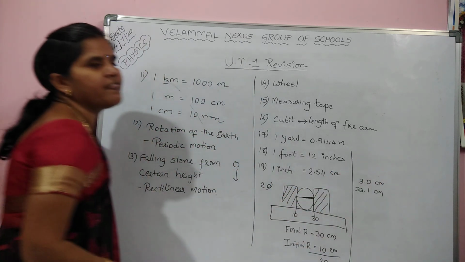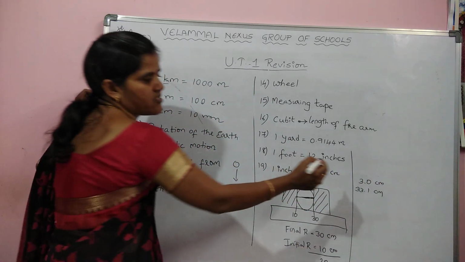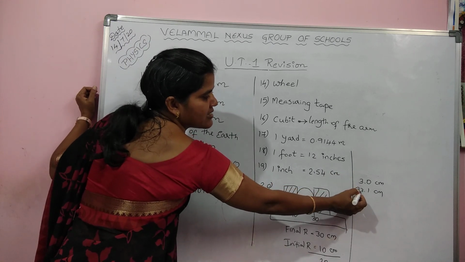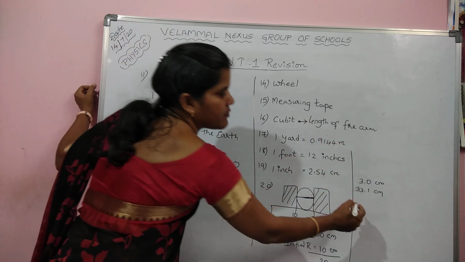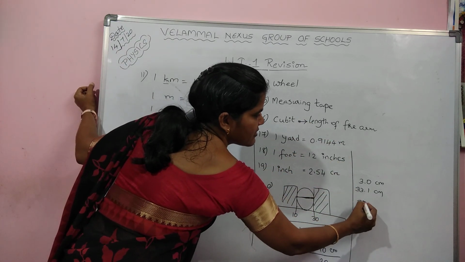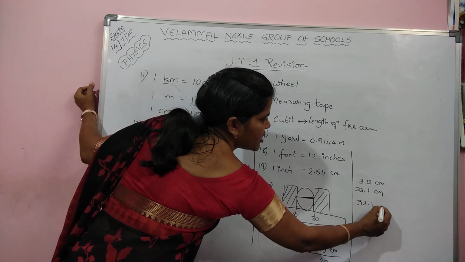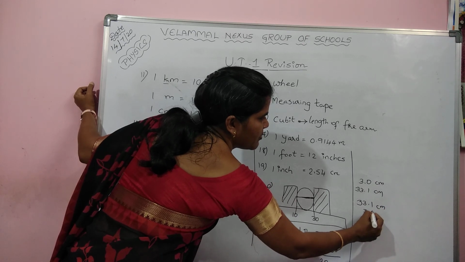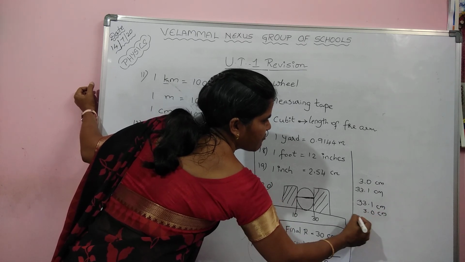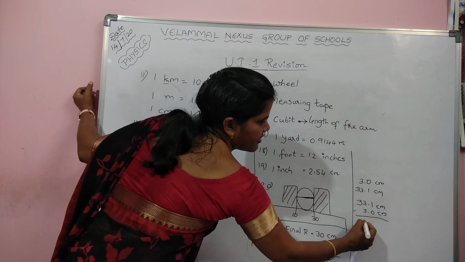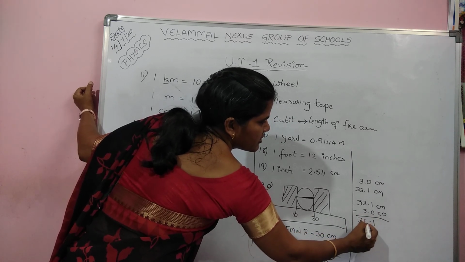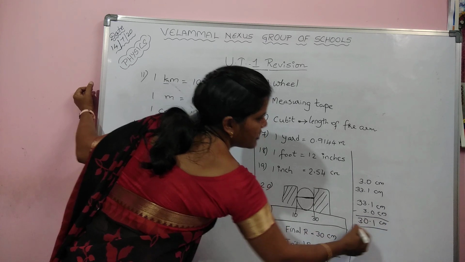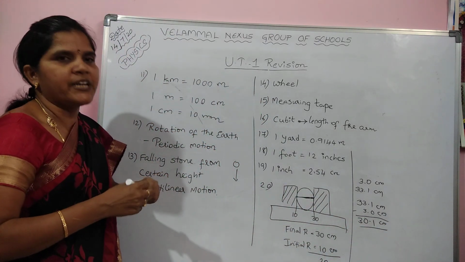I want to find the length of the sewing needle. I am going to subtract final reading minus initial reading. Then what will come? You will get 30.1 centimeters, which is nothing but the length of the sewing needle.